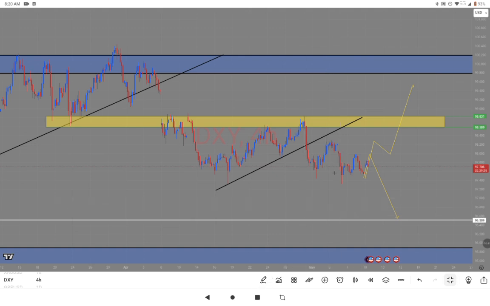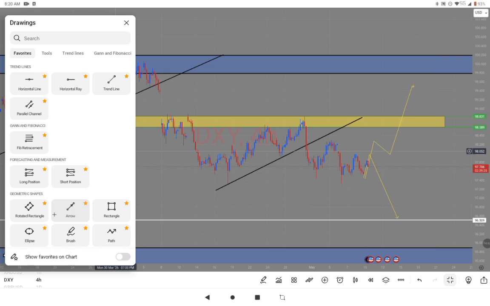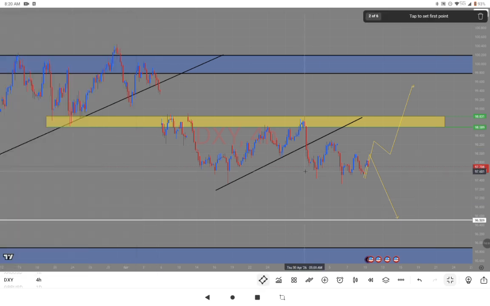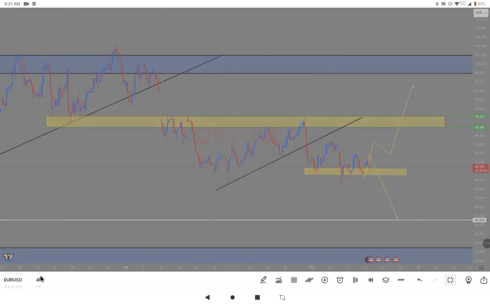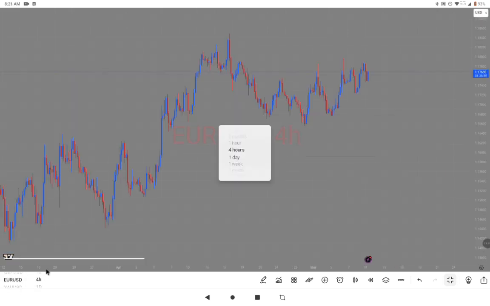So I think I'll keep a line to that particular point here, so that I will know when to execute a buy or a sell on DXY. So right here, once I get a red candle that will cross this particular zone here, I'm taking a short on the dollar index. So over to EURUSD, which is the pair I'll be trading for the week.